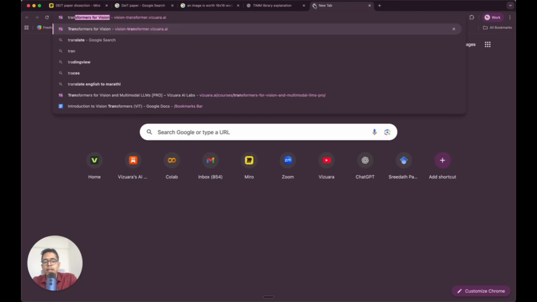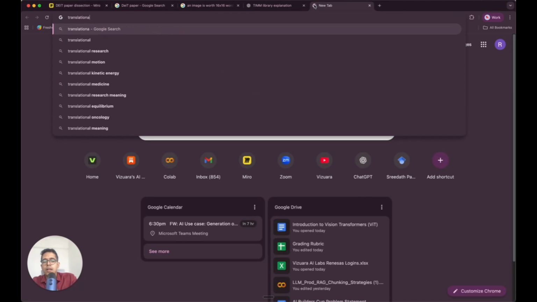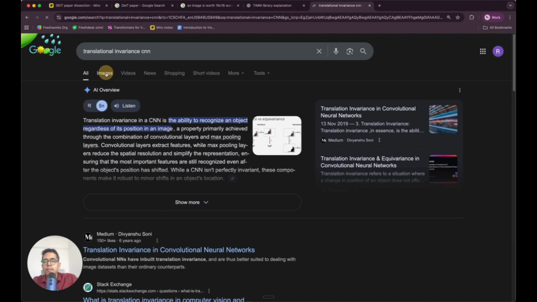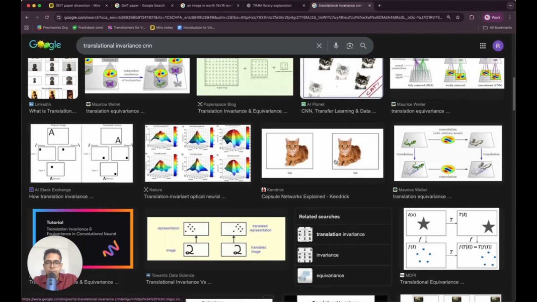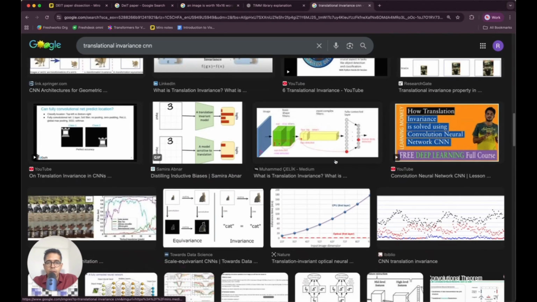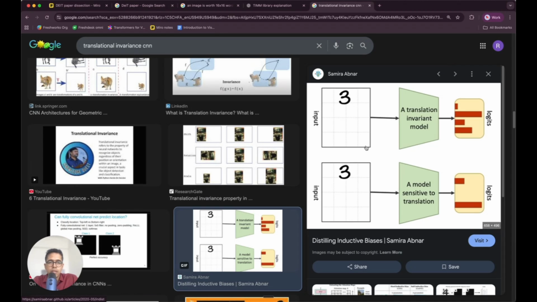There is a very nice GIF, null invariance CNN, that I have come across somewhere, this one. So this is a translation invariant model. If it's invariant, the logits should not change if your object is present anywhere in the image.